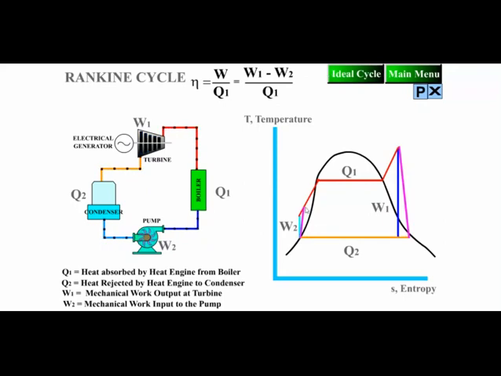Due to irreversibility in the system, this isentropic expansion or compression is not practically possible. So instead of that, this will be adiabatic compression and adiabatic expansion. So this represents the actual Rankine cycle.